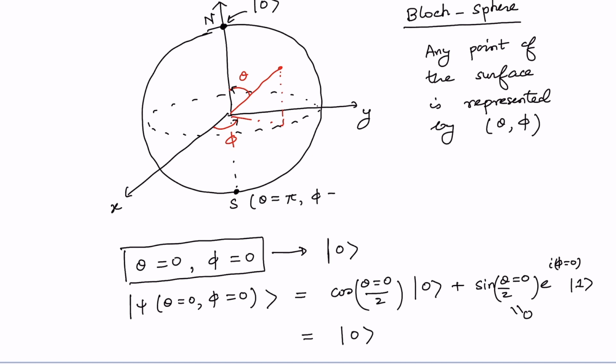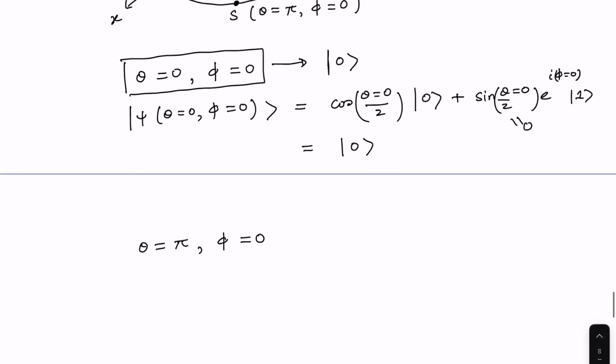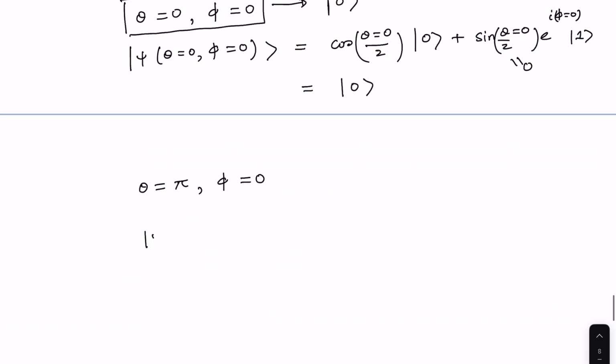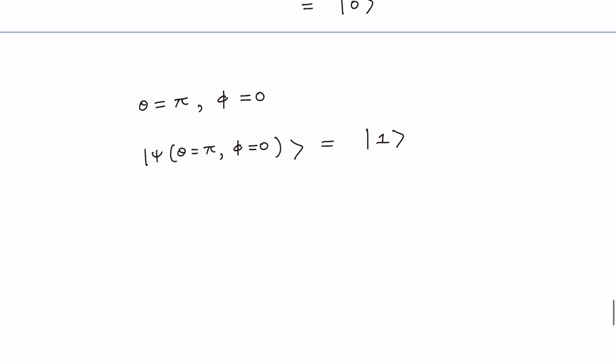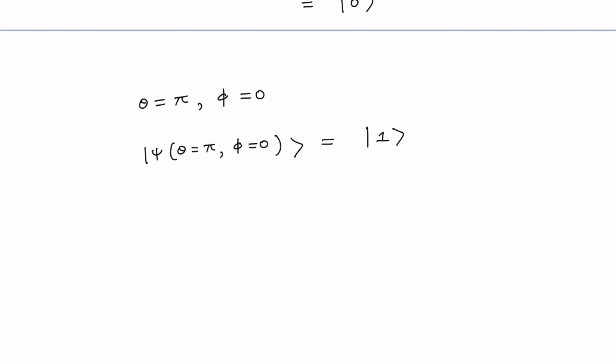Then you are going to have psi at theta equal to pi and phi equal to 0. This corresponds to the state k1. And you can go on working, find out various different states depending on the value of theta and phi.